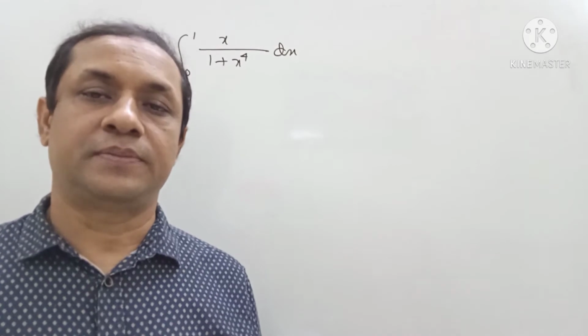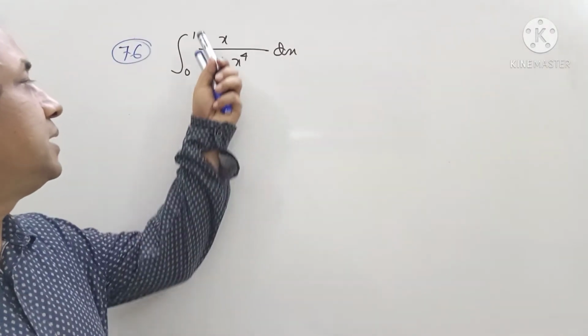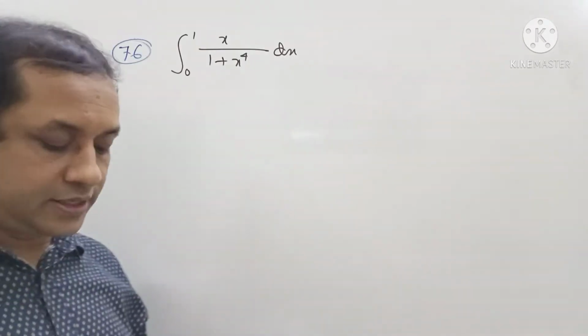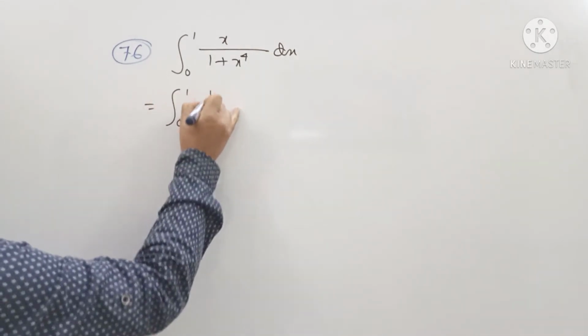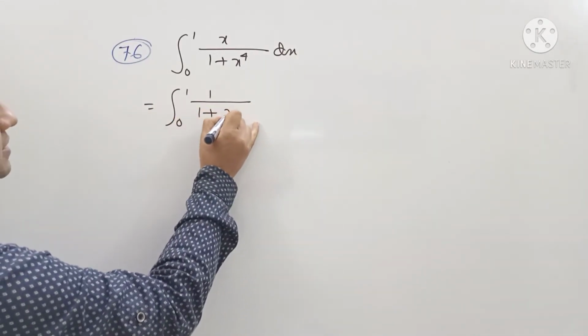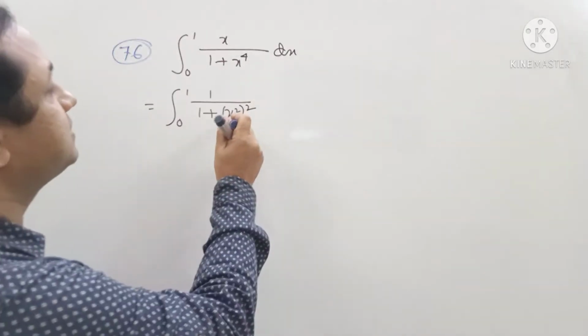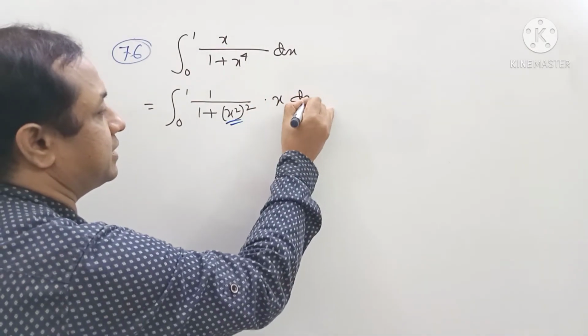Question number 76. Now here lower limit 0, upper limit 1, x by 1 plus x to the power 4 dx. So we can write 0 to 1, 1 by 1 plus x square whole square, where x square whole square means x to the power 4, then x dx.